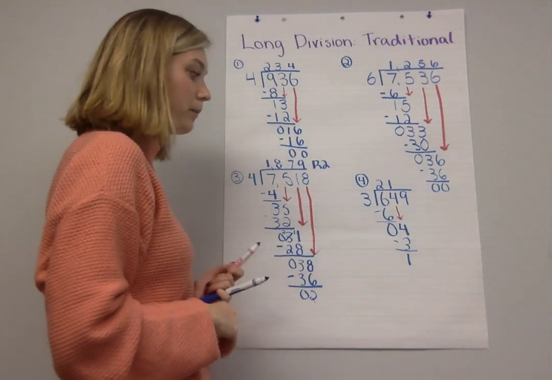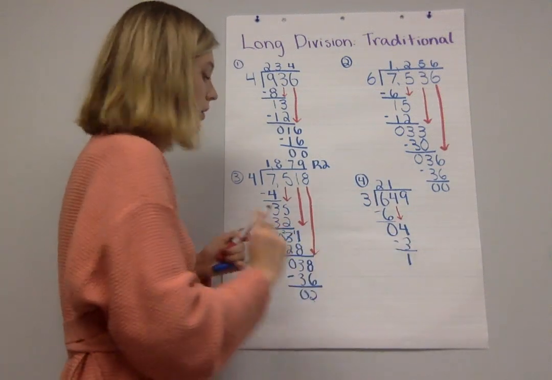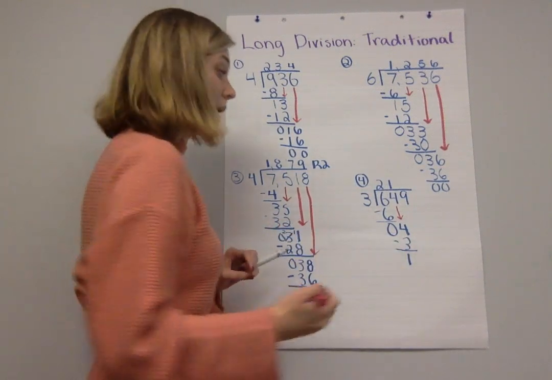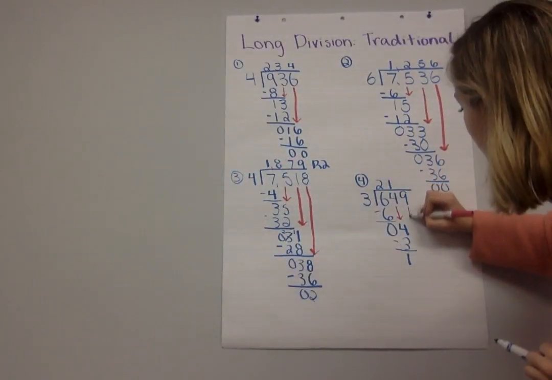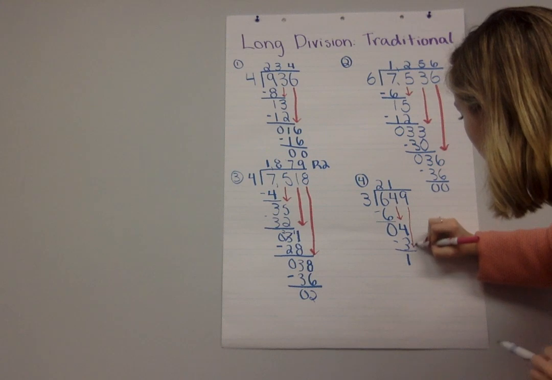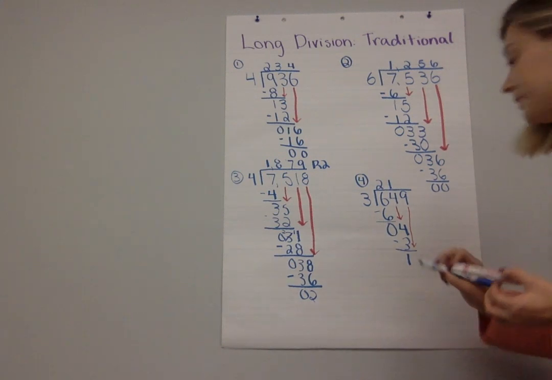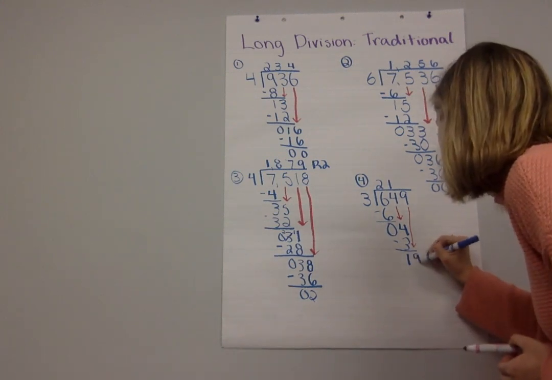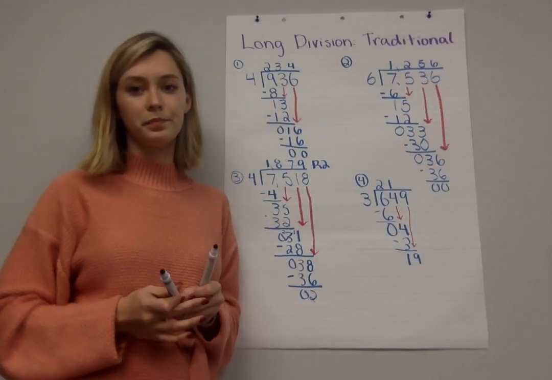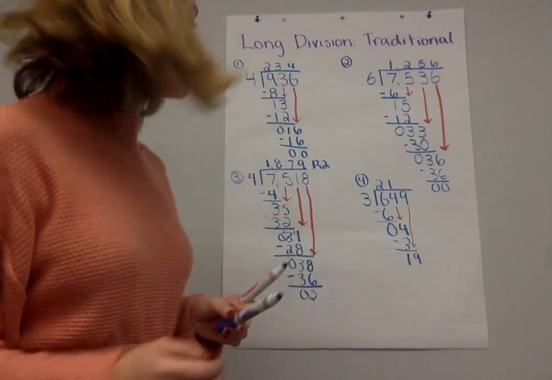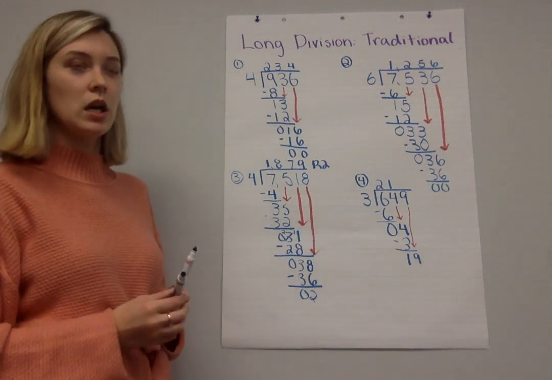Now what? Do I see how many times 3 goes into 1? No, I bring down my next digit, my next place value, and that is 9. Oh boy, how many times does 3 go into 19?